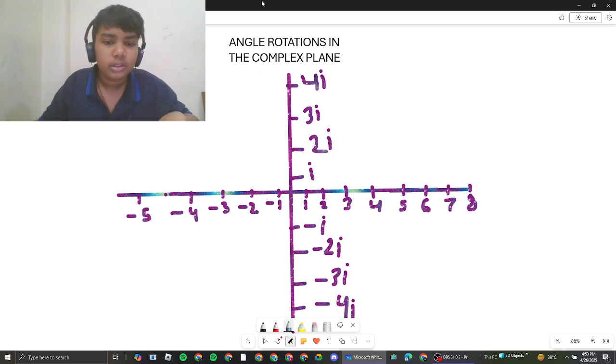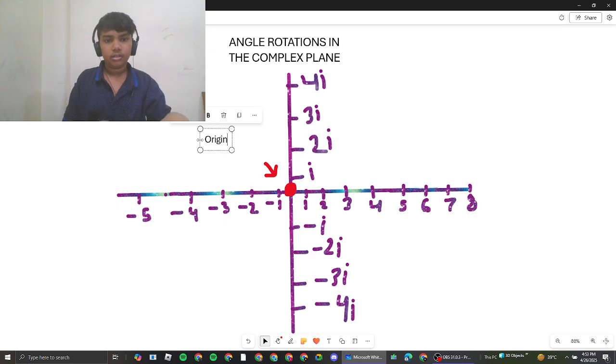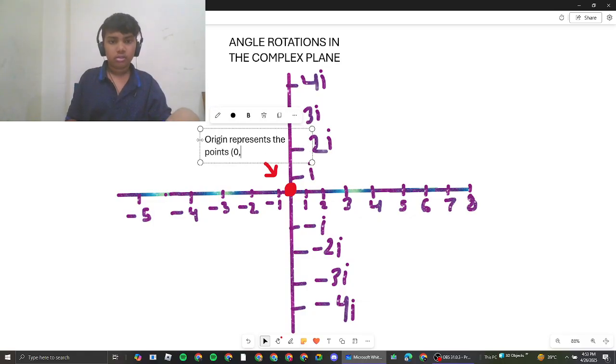I just want to do a quick note. This is the origin, right? The origin represents the point 0, 0.